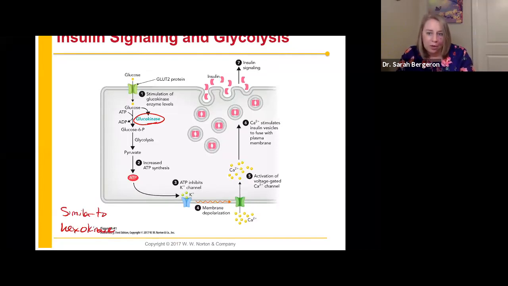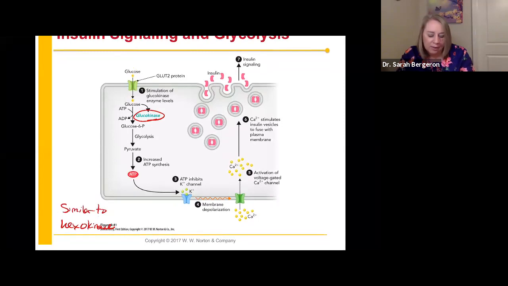The whole point of hexokinase and glucokinase is converting glucose into glucose 6-phosphate, right? And so it does the same job as hexokinase, but here's the thing. It has a lower affinity for glucose, and it's not inhibited by this glucose 6-phosphate product, which means that it takes a lot of glucose in order to activate glucokinase.